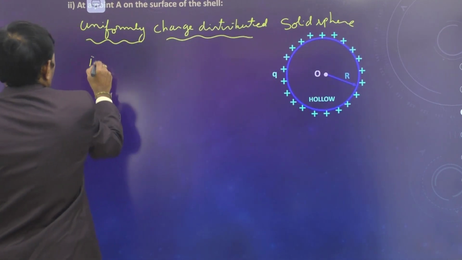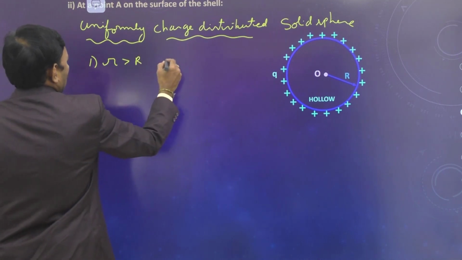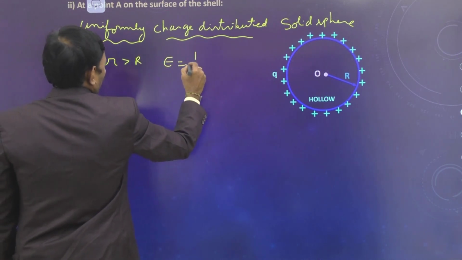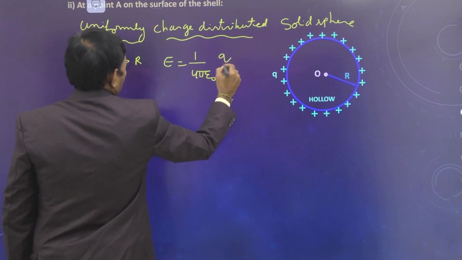For this also, at an outside point, electric field is 1 by 4 pi epsilon naught q by r square.